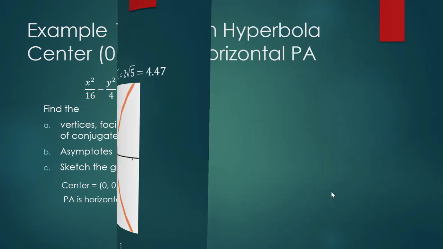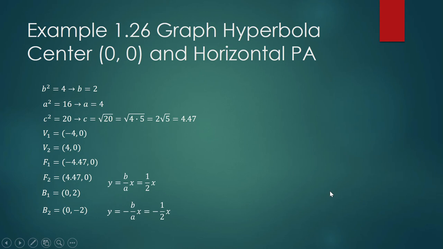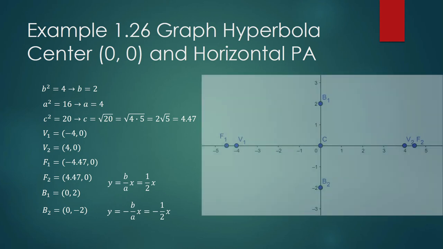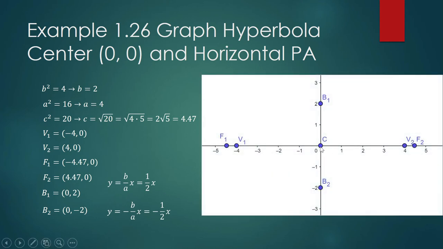We shall now go to sketching the graph of our hyperbola. That is our center, the 2 vertices, the 2 foci, and the endpoints of the conjugate axis. The conjugate axis and the transverse axis produce a rectangle.